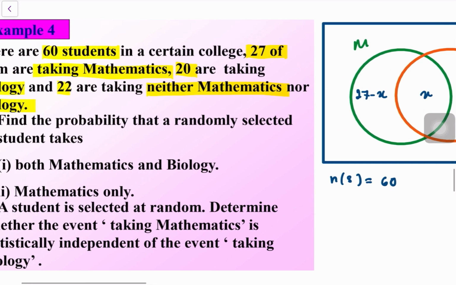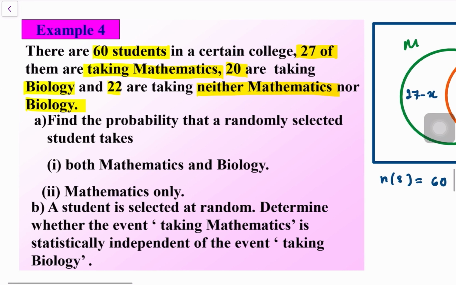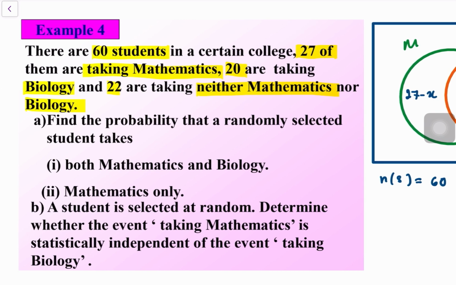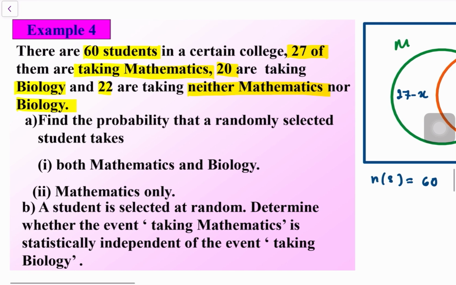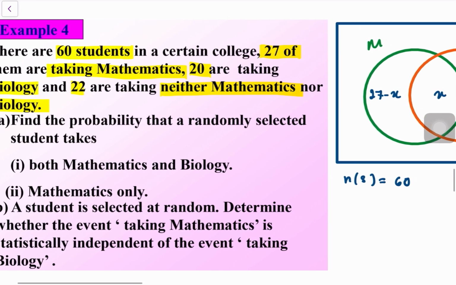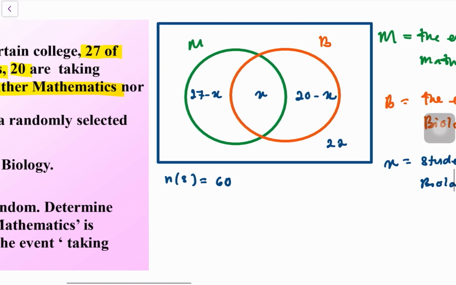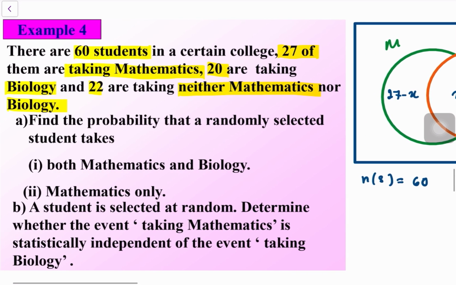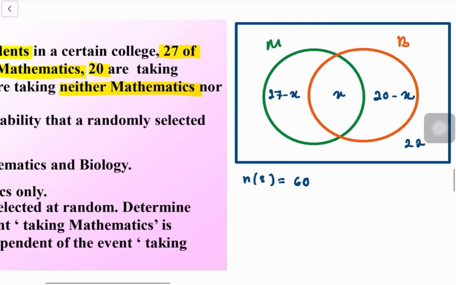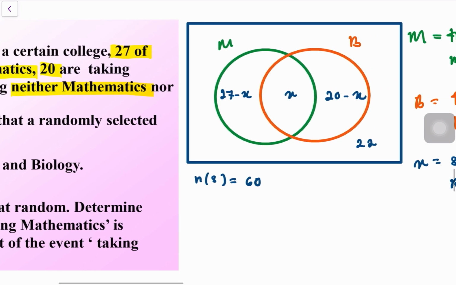We have the information of students taking mathematics, and the information of students taking biology. Since we do not know the value of the intersection between both subjects, we put it as an x variable. So this value is 27 minus x, and this is 20 minus x.